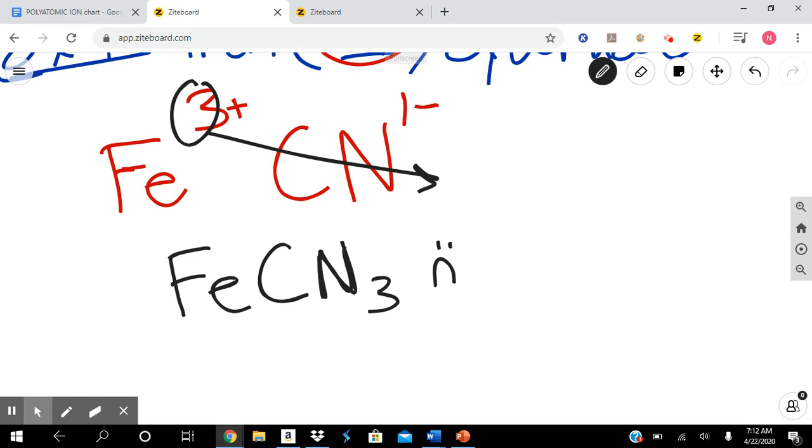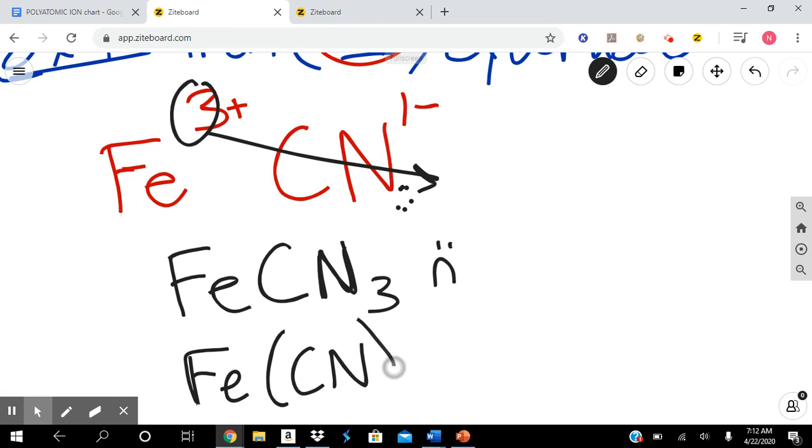And cyanide is a polyatomic ion. The difference between cyanide and the other examples is that there's no number down here. So it's still a polyatomic ion, so it has to go in parentheses because you want to indicate to someone, I'm not just taking the N 3 times, I want to take this whole thing 3 times. So that's a special case.